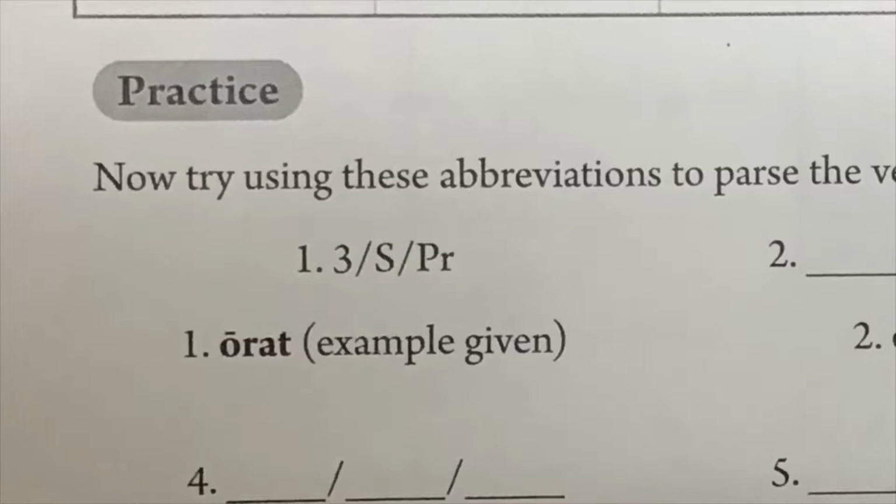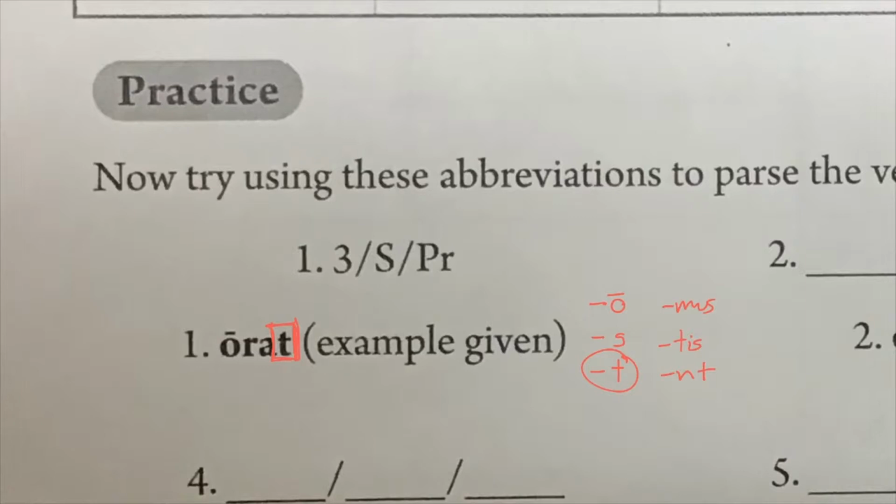You'll notice that the ending on this verb is simply a T. Our first step in parsing a verb is always to find the ending, and here we have the ending, T. Now this ending comes from our present tense endings, which we've learned as o, s, t, mus, tis, and unt. Once we've found our ending on that chant, it's right here, we should be able to parse it.